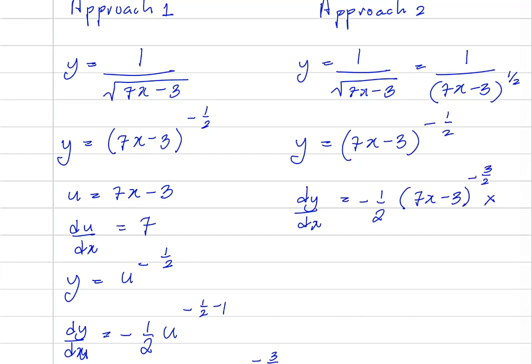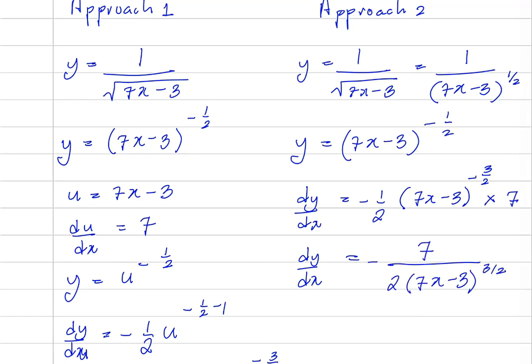The inside function is 7x minus 3. When you differentiate that, we get 7. So dy by dx would be equal to minus 7 at the top, 2 in the denominator, and 7x minus 3, and the power is 3 over 2.